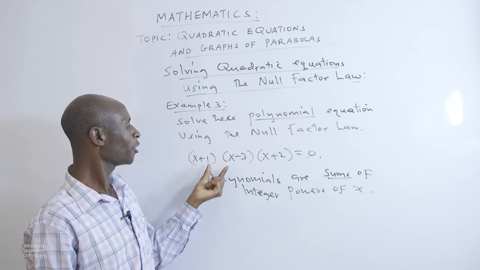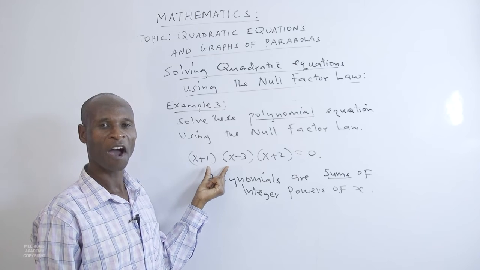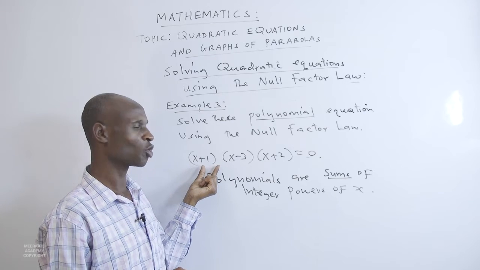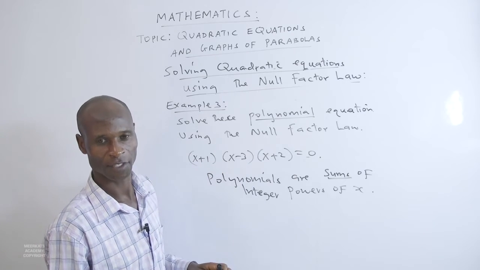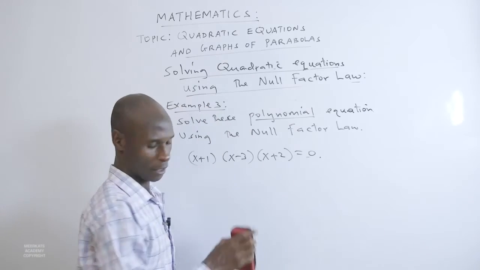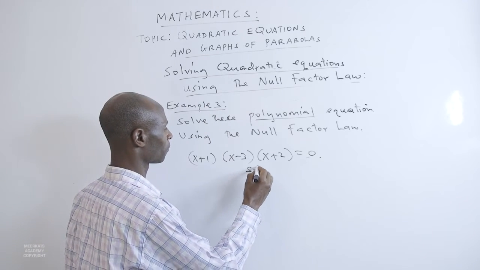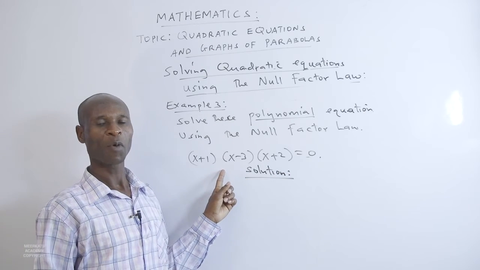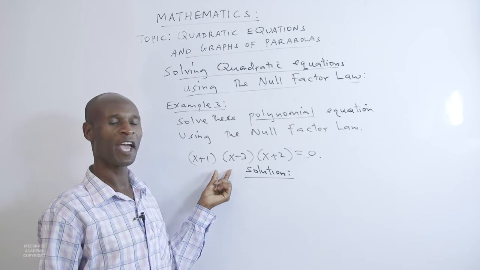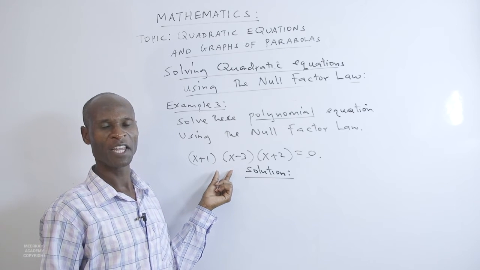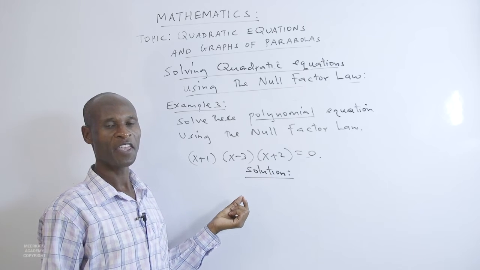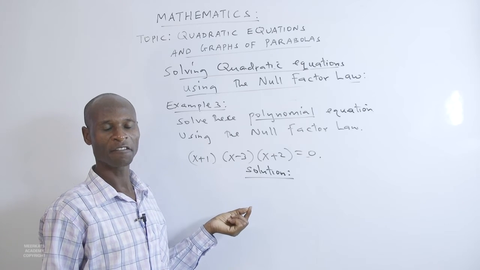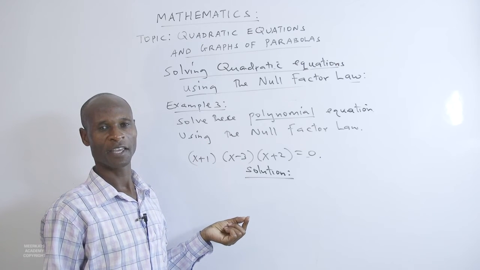But now, we want to solve this case where we have more than 2 linear factors. So here we have a total of 3 linear factors. We use the same concept that if the product of the linear factors is 0, then it means either the first linear factor is 0, or the second linear factor is 0, or the third linear factor is 0.